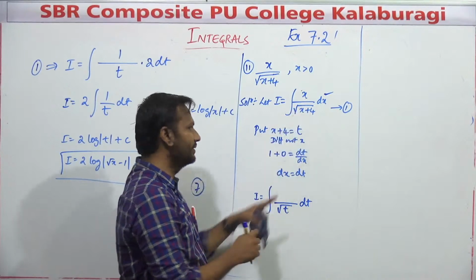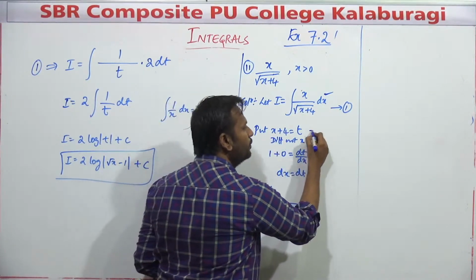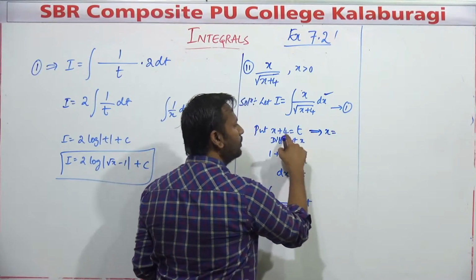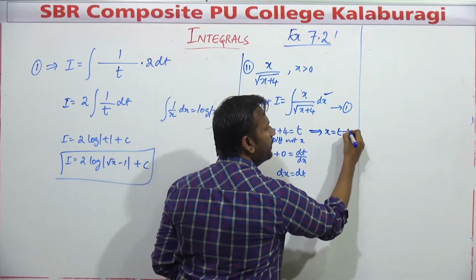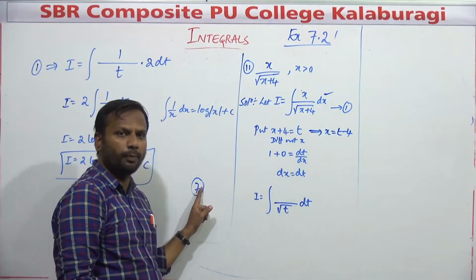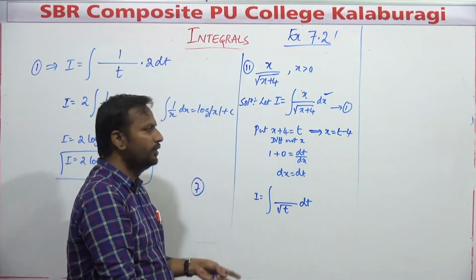What to do for this x? We got this type of situation in the seventh problem also, the same thing, right? So for x, what do we have to do? Send this 4 towards the right side. So x is equal to t minus 4. This type of thing we did in the seventh problem, now in the same manner.